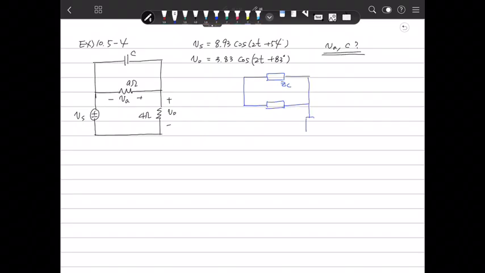And there is another impedance here, 4, because this is a resistor. We define this as VA. This is VO, which is 3.83 at 83 degrees. And this is the source Vs, which is 8.93 at 54 degrees, and omega is 2.